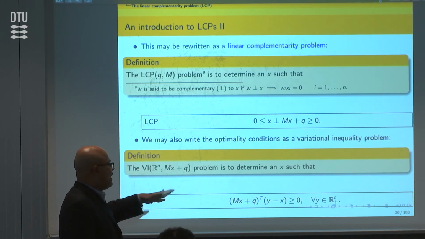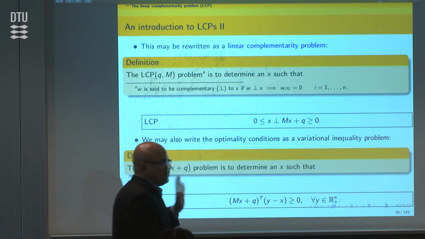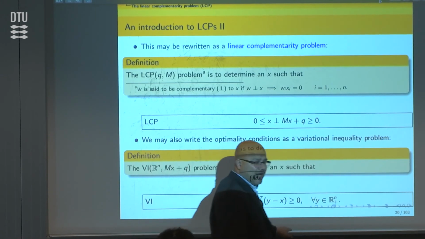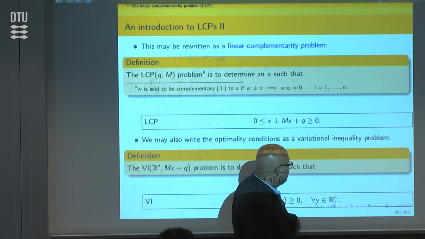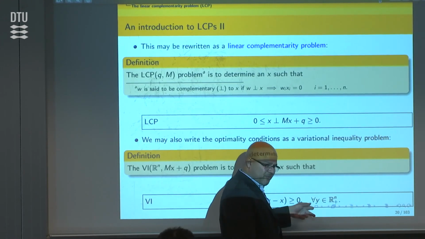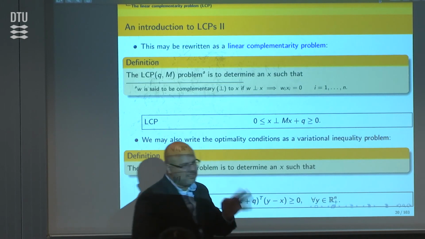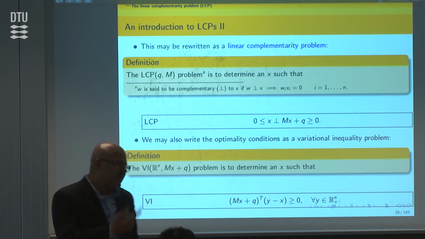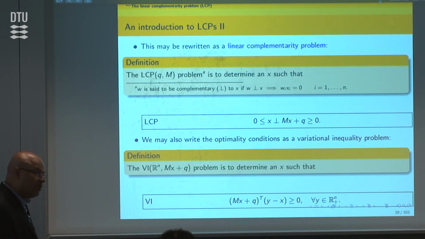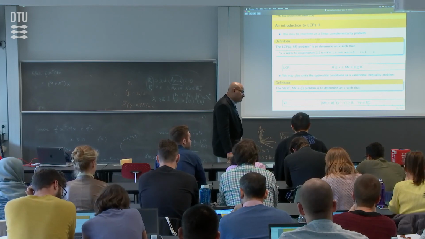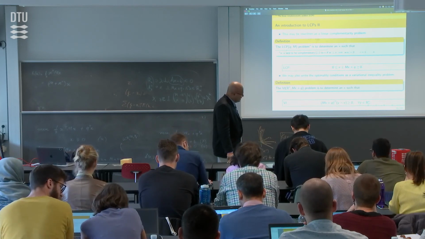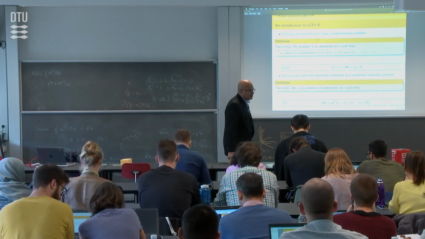From our standpoint, it's a closed set, and it's a convex set, so this trivially holds. But remember, when I'm looking at the CP version, it just needs to be a cone. So if it's a non-negative orthant, it's a cone. To have them equivalent, we need to have the set as a cone, otherwise you can't do it.